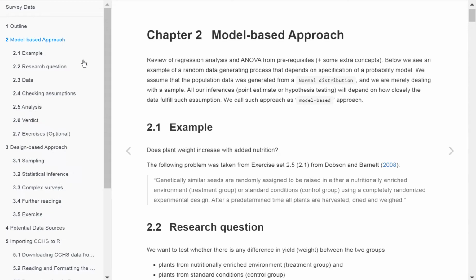Let's go to the model based approach chapter, and in this particular chapter I'm not going to focus too much, because this is basically the review material of some of the methods that you have already seen in your SPPH 400 or SPPH 500.